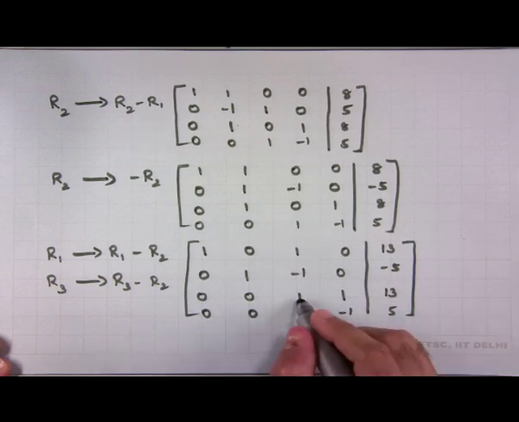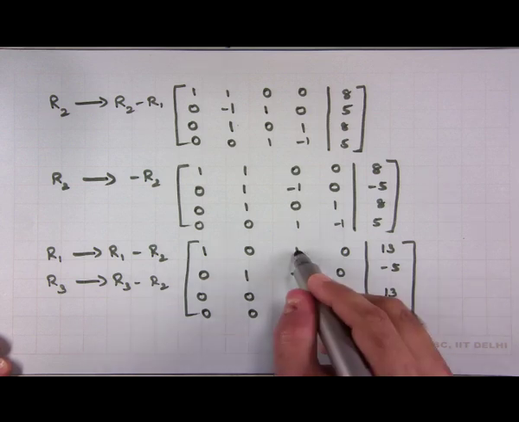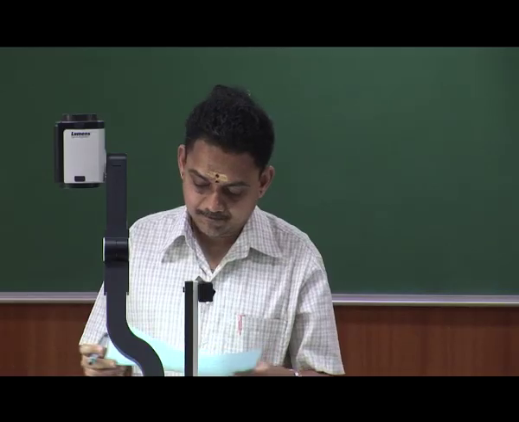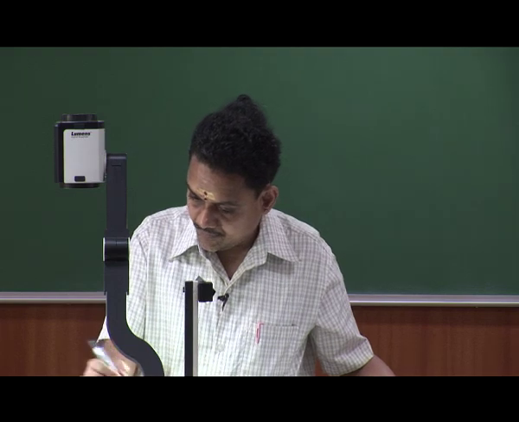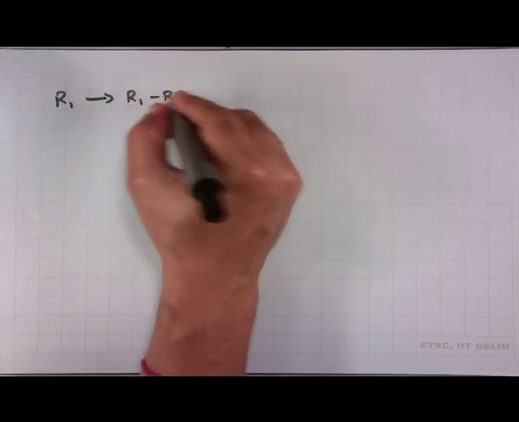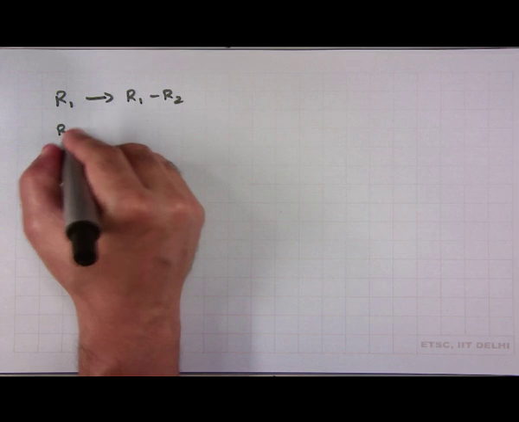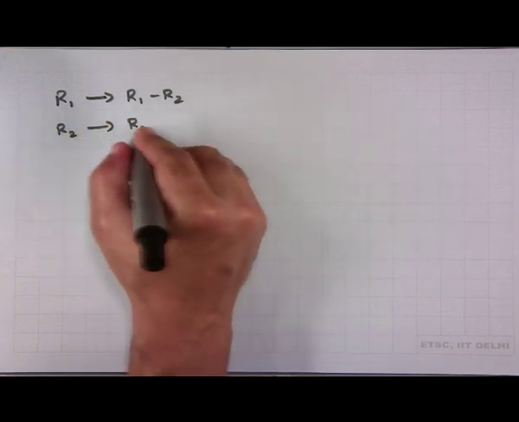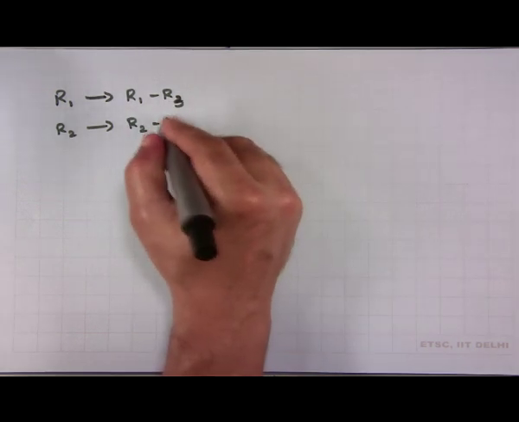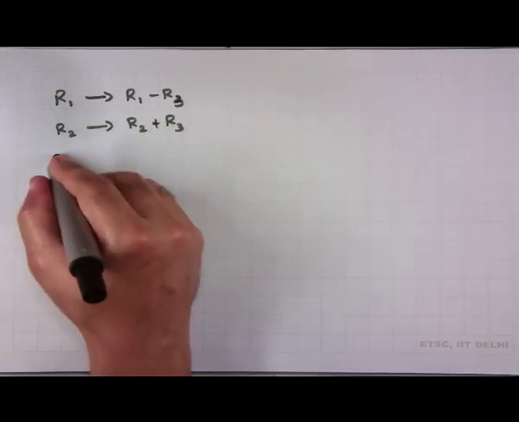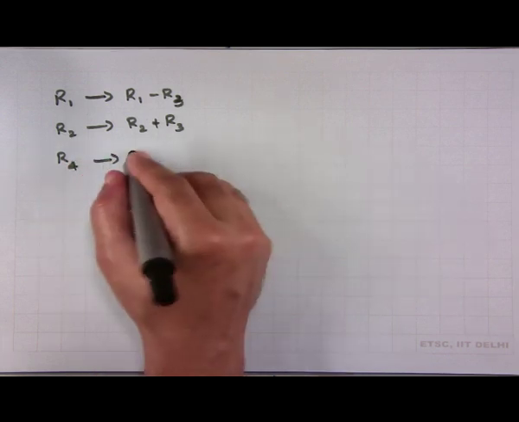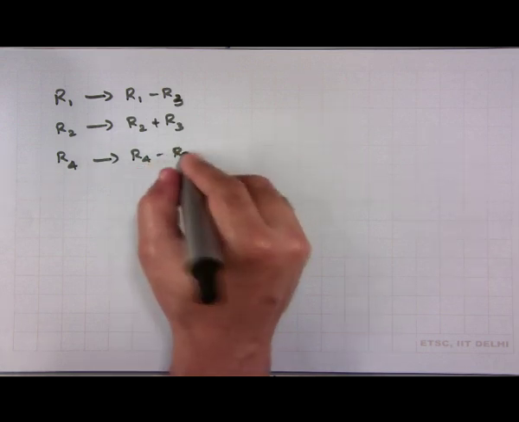Now that you have 1 over here, let us convert the other elements in that column, which are 1, minus 1 and 1, into zeros. R 1 is replaced by R 1 minus R 3, R 2 is replaced by R 2 plus R 3, and R 4 is replaced by R 4 minus R 3.